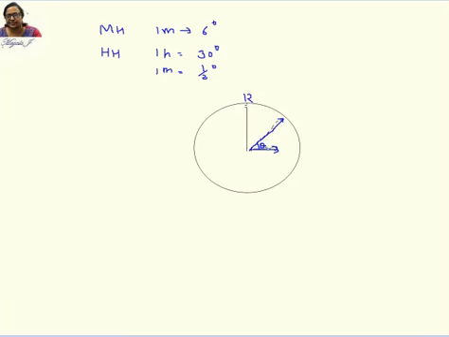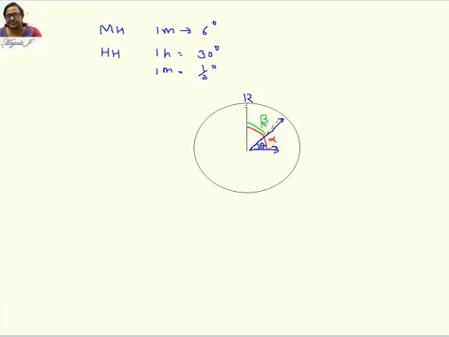Let me take the angle with respect to this reference. One of the angles here, I'll put it in a different color. One of the angles I'll take here, this is, say, alpha. I'll take another, I don't have different colors. Okay, here, the other angle, I consider this as beta.